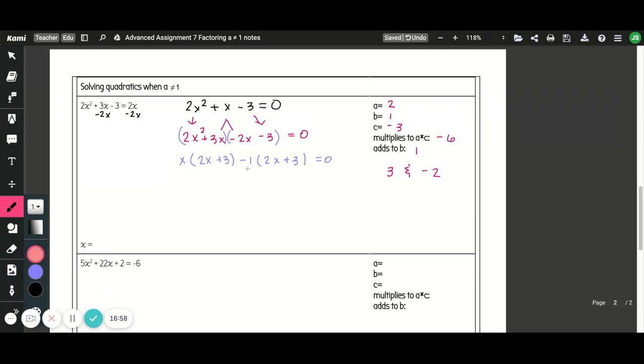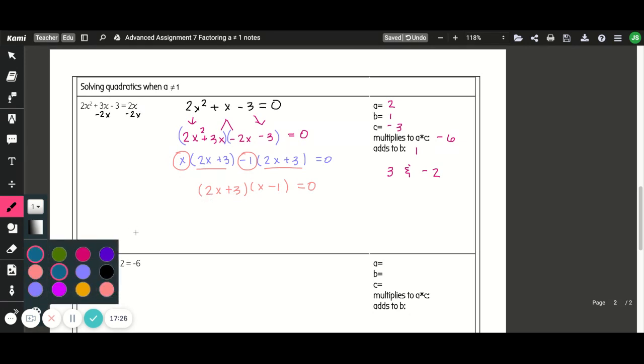And then we're going to write our two factors. So 2x plus 3's, those match. That makes one factor. And then my GCFs make up the second one, so x minus 1. Now that you have it factored on the left and equal to 0, the last step is the same as it was Tuesday or Wednesday, whichever day you have class, is to take each one of those two and set them equal to 0.